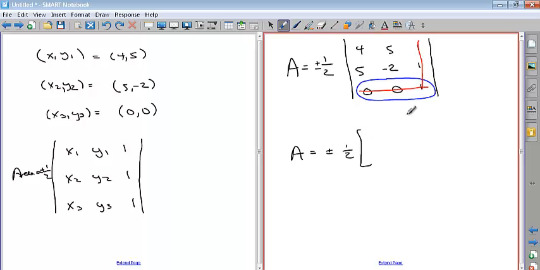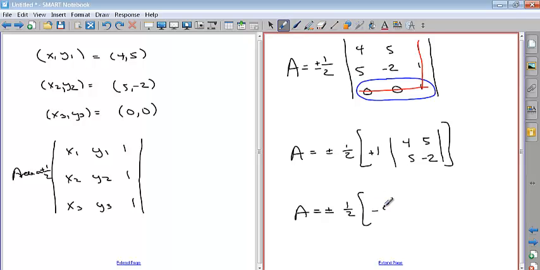All we have to do is take this coefficient 1. Now, is it minus or plus? You start up here, plus, minus, plus, minus, plus, so it's going to be positive. When you mark these out, all you're left with is 4, 5, 5, -2. I just drop the 1. Then you take the determinant, which is 4 times -2, which is -8.